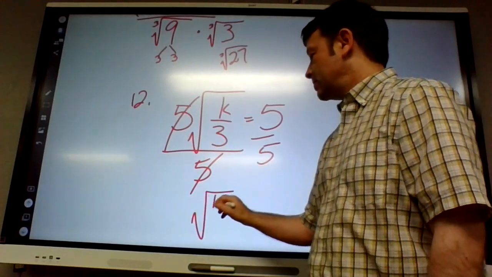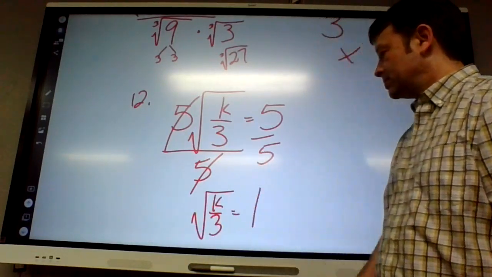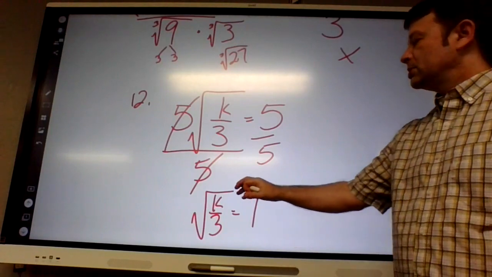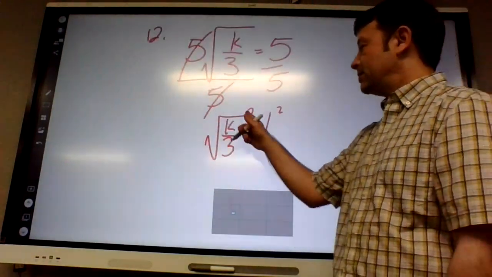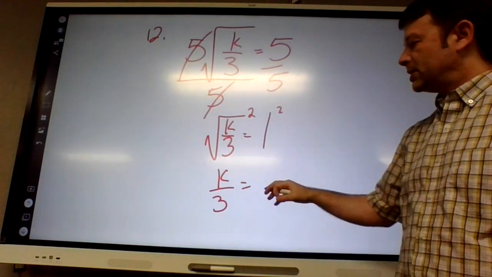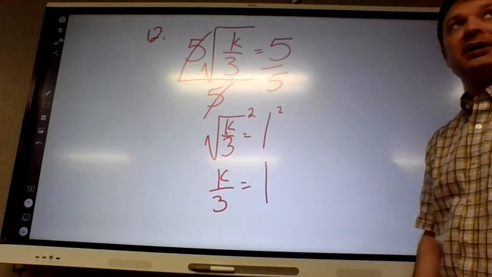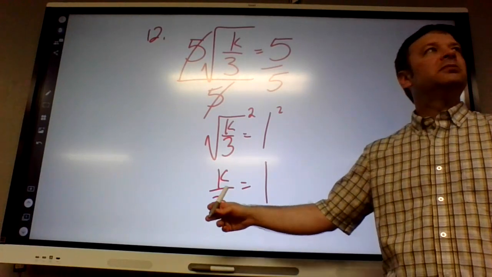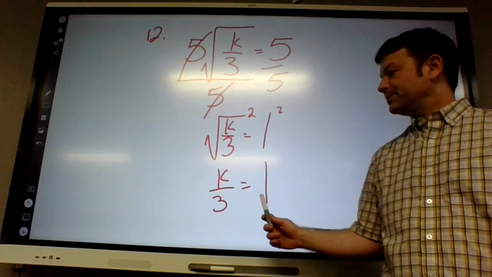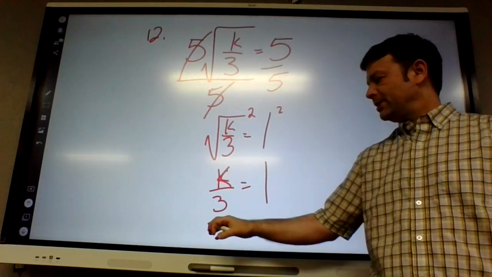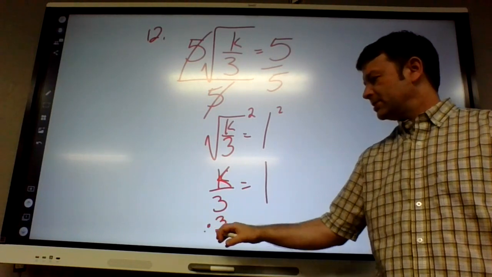So we get square root of k over 3 equals 1. So we got the square root by itself. How do I get rid of a square root? Square it. So the left side, the square goes away. The right side is 1 squared, which happens to be 1. And how do I solve that? What divided by 3 equals 1? How do you get rid of a divide by 3? Multiply by 3.